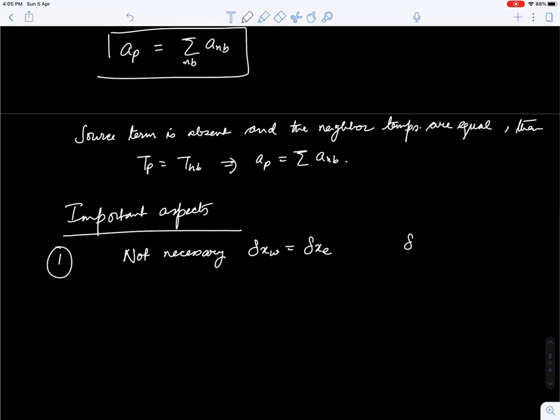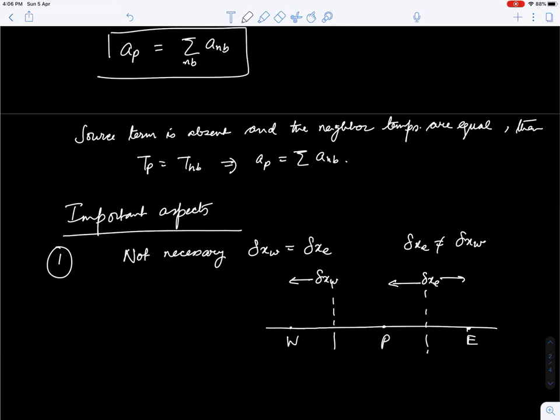But if delta xe is not equal to delta xw, if we draw the grid, this is point P, this is E, and this is W, with this being delta xe and this being delta xw, then what we are getting is a non-uniform grid.